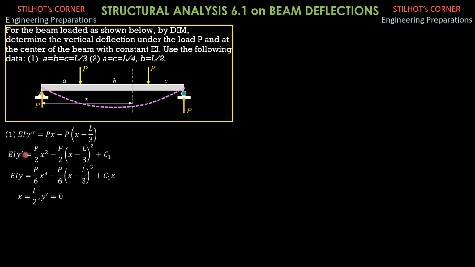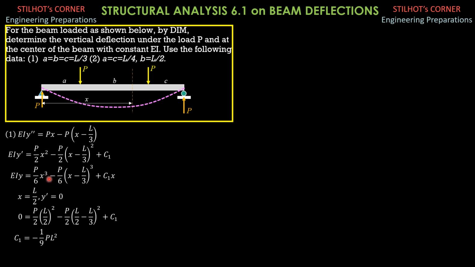We equate y prime 0 equals P over 2 times L over 2 squared minus P over 2 quantity L over 2 minus L over 3 quantity squared plus C sub 1. So using your calculator there, simplify this first, then minus PL squared over 8. C sub 1 is equal to negative 1 over 9 PL squared.